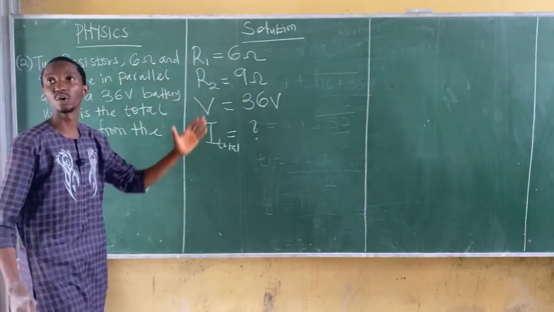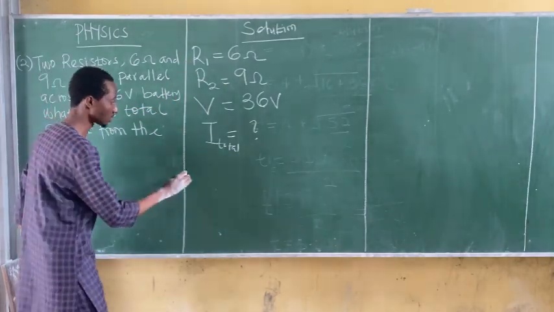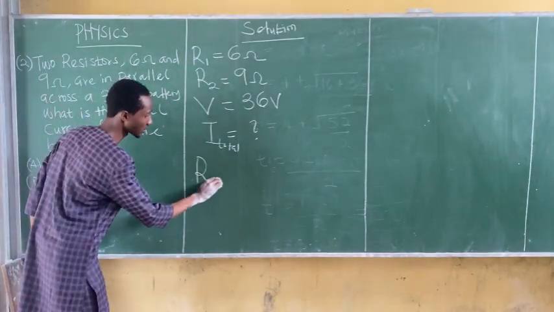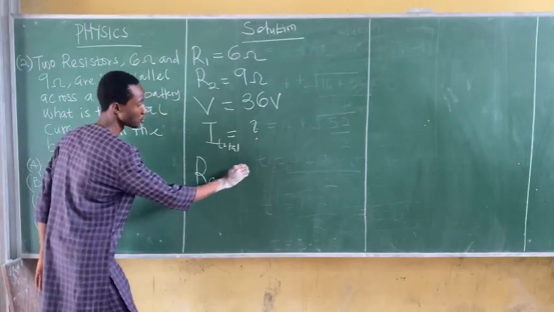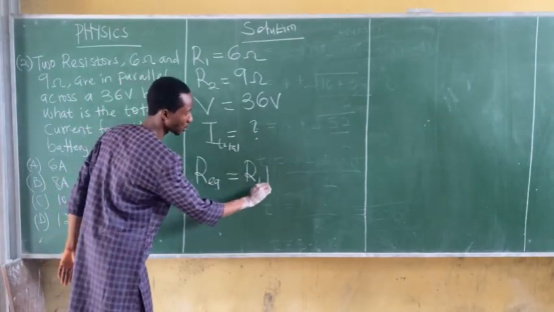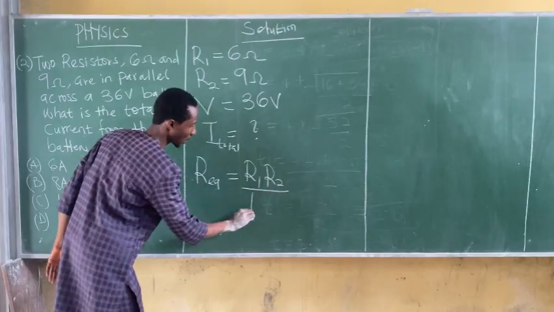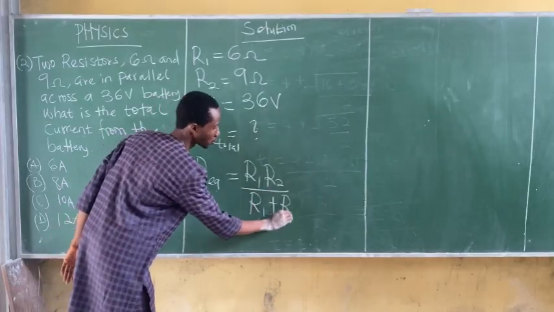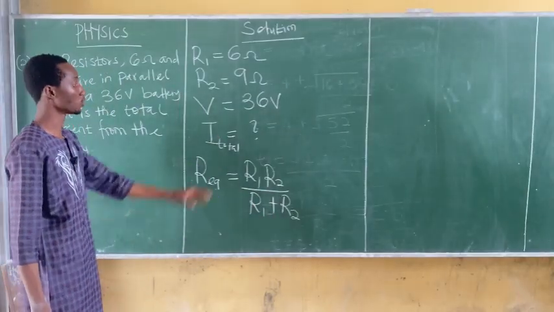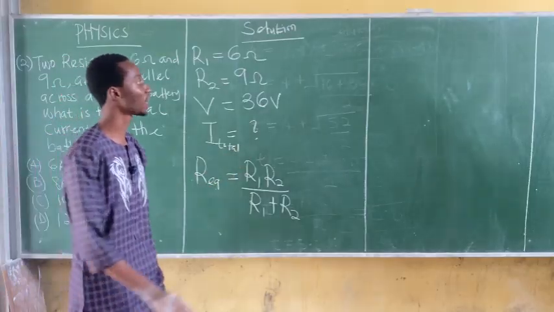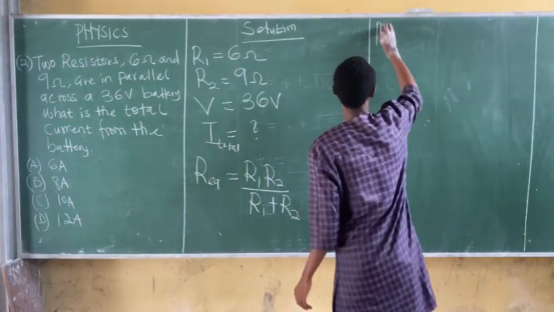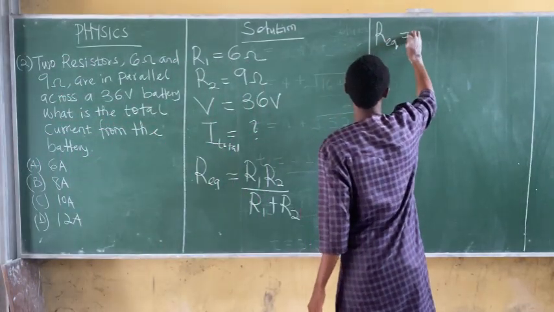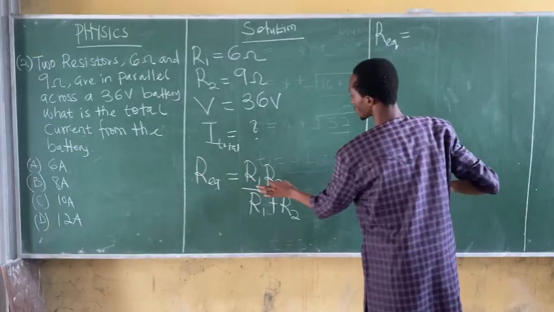Now recall the formula for equivalent resistance. We have that equivalent resistance is equal to R1 R2 all over R1 plus R2. If we substitute into this equation, the equivalent resistance is equal to R1 times R2.